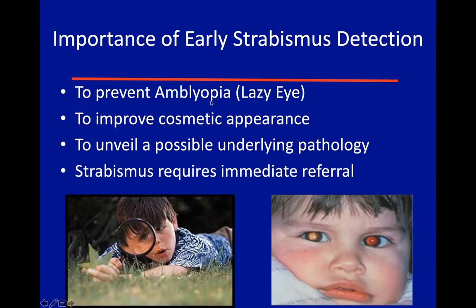In order to prevent amblyopia, we have to treat these patients 6 and downward. If we get someone who's older than that, usually the treatment is less adequate and less beneficial. So if you see anyone with a squint, please, please, please refer them and tell the mother you have until the age of 6 years for your child.